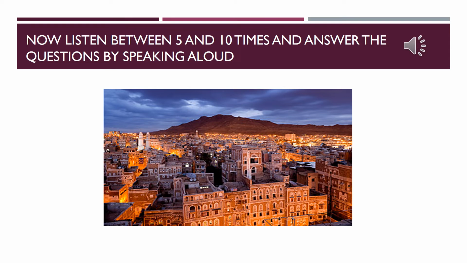Okay, now listen to the questions and try to answer them in speaking. How many people were killed in the attack? 60 people were killed in the attack. What was carried out by the Saudi military?